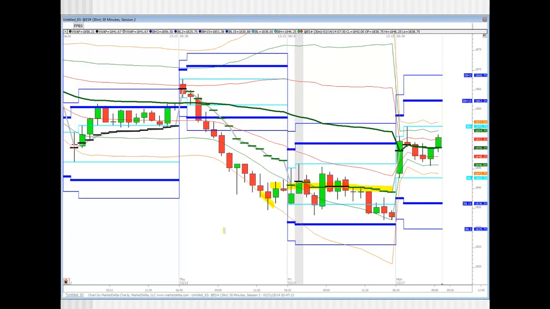Now, naturally, because the distance is a little bit greater, you're going to see more fluctuation. And in this case, we actually went back down and then headed back towards it.